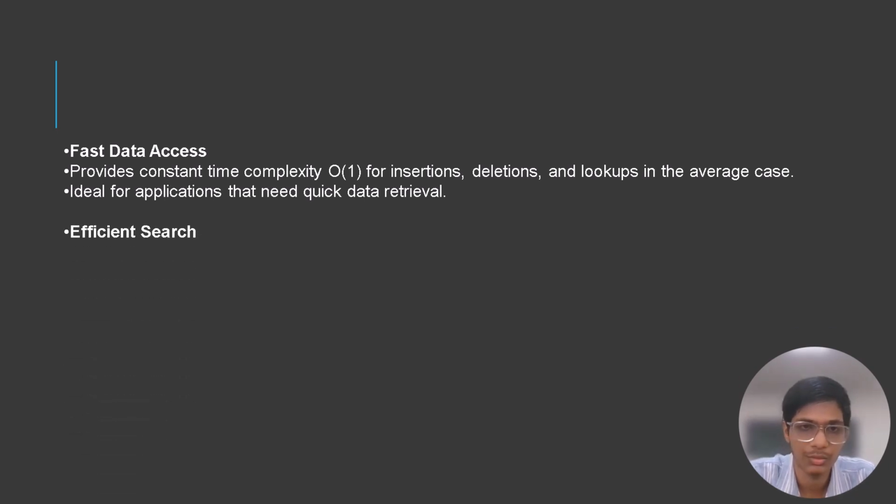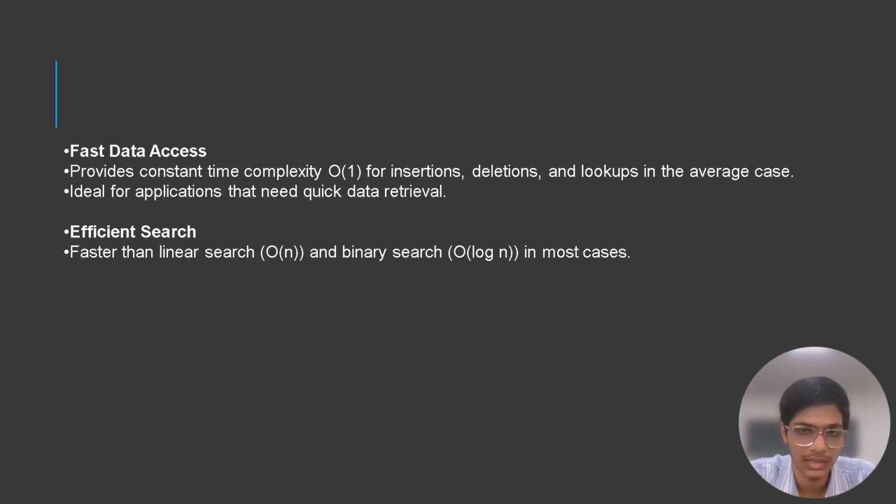Next, efficient search. Hashing provides efficient search compared with linear search, O(n), and binary search, O(log n), in most cases. There is no need to scan the entire data set. As we know, linear search scans the whole data set.